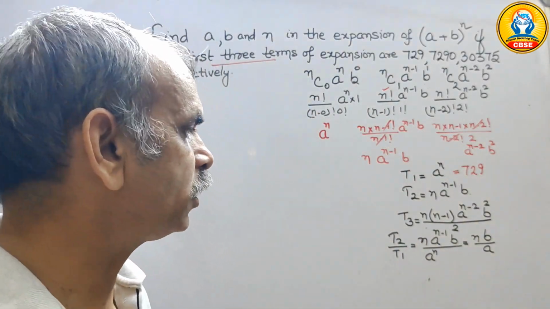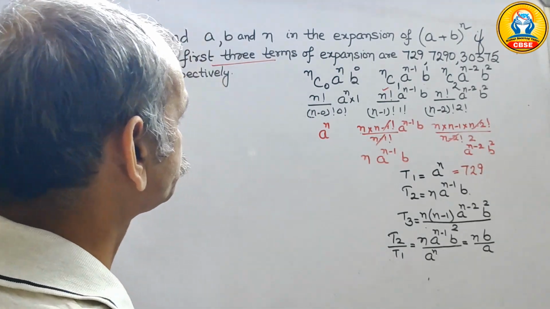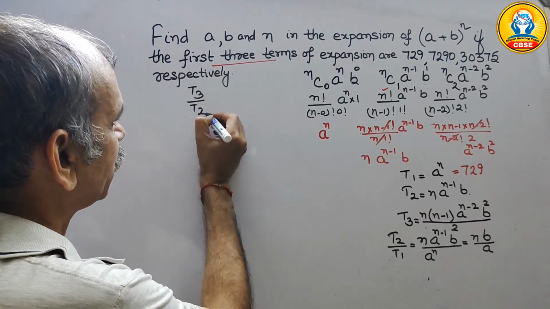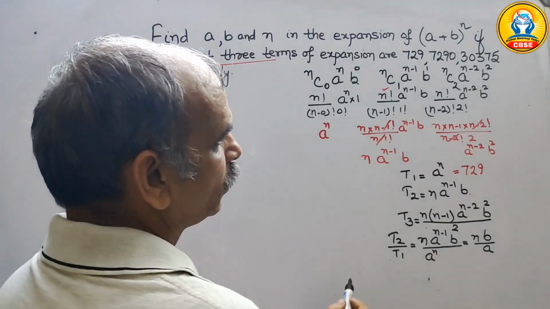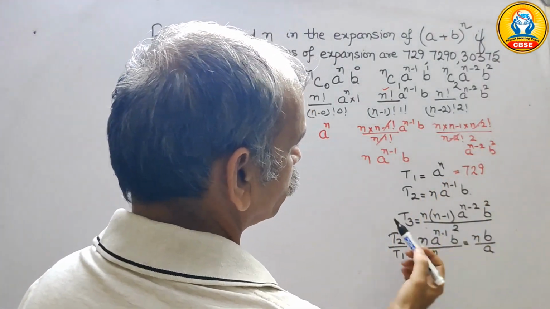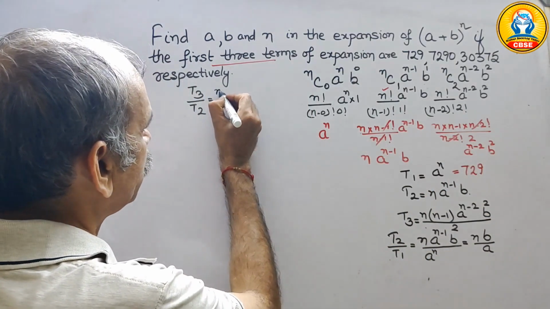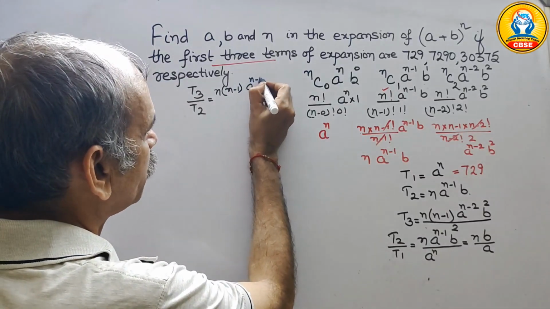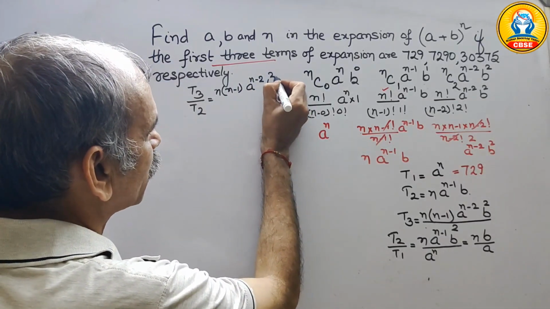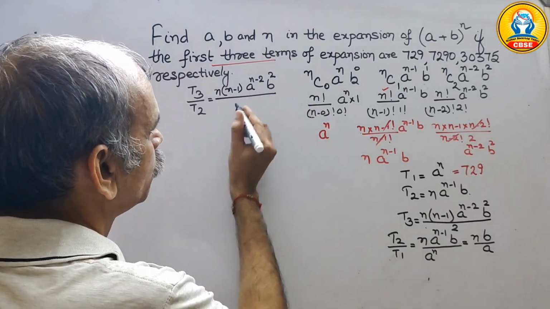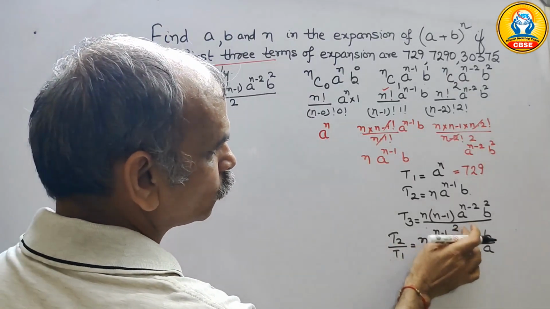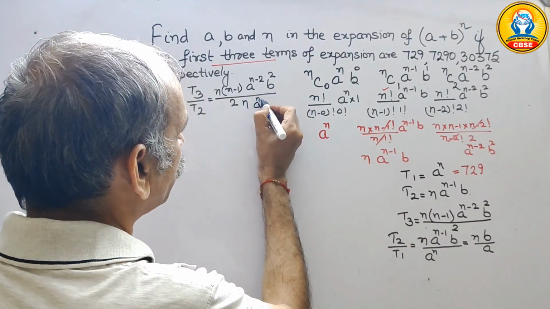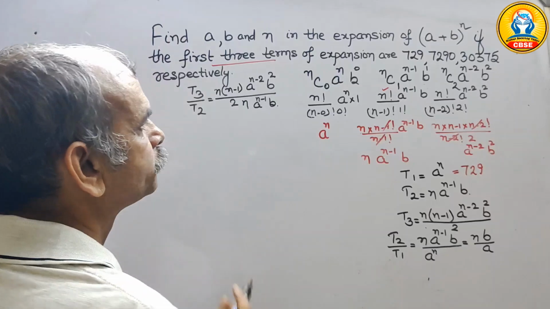Next we will go for T3 by T2. T3 is this value, n into (n minus 1) a to the power of n minus 2 b square by 2, and T2 is this, n a to the power of n minus 1 and b.